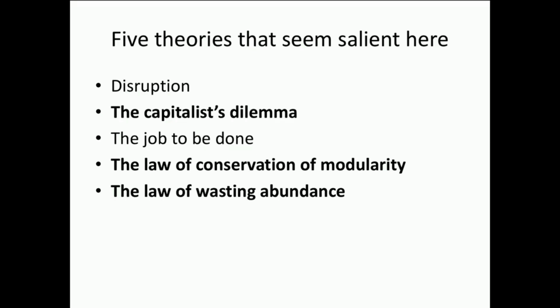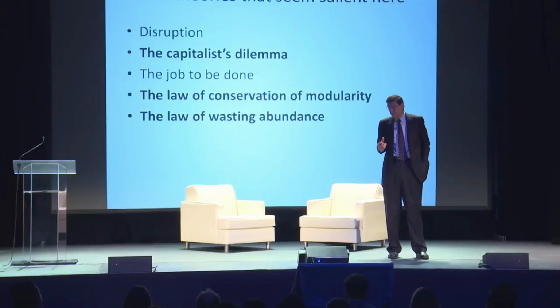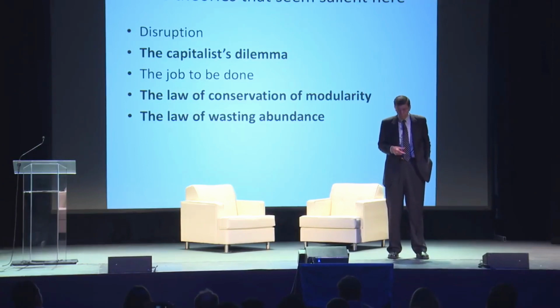I would like to talk about a theory called the capitalist dilemma, which is a theory about where growth comes from. The job to be done is something some of you who've had milkshakes know what it means to hire a product to get the job done. But then two other theories, the law of conservation of modularity and the law of wasting abundance. And the last one applies to, unfortunately, venture capital.